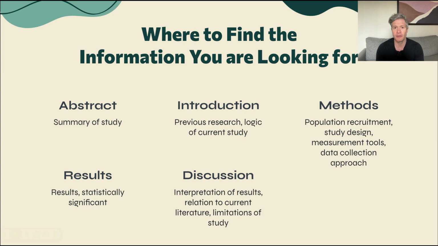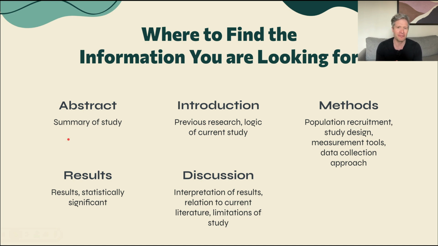Once you have your peer-reviewed study and you're trying to source some particular information quickly and easily so that you know if maybe you can use a certain intervention with your patient, or maybe for the purposes of this class, you're trying to figure out whether the research article has any relevance to your experiment, it's good to know where to look. So we start off on a research paper at the abstract, and that gives you a summary of the entire study.